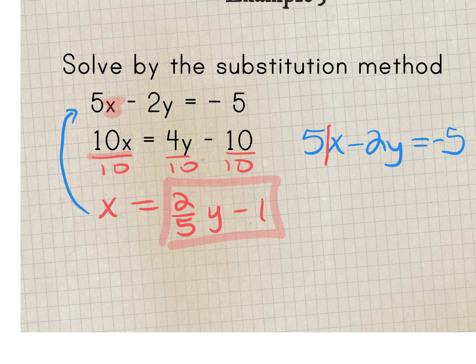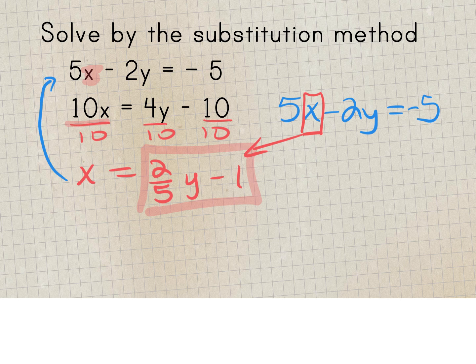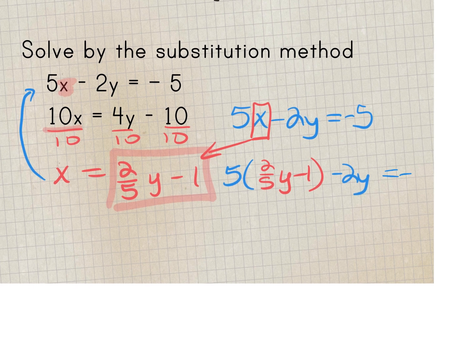Again, I'm replacing x with what I just found x to equal. So I'm going to go ahead and distribute a 5 to the 2/5 y minus 1 minus 2y equals negative 5. Distribute, and I get 2y minus 5 minus 2y equals negative 5.